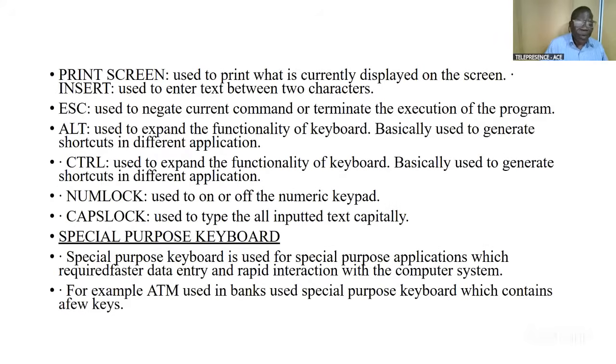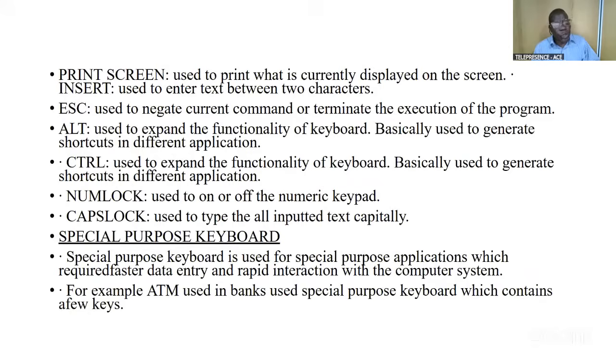Print screen is used to print what is currently displayed on the screen. And insert, used to enter text between two characters. You insert some text. ESC, used to negate current commands or terminate the execution of a program.